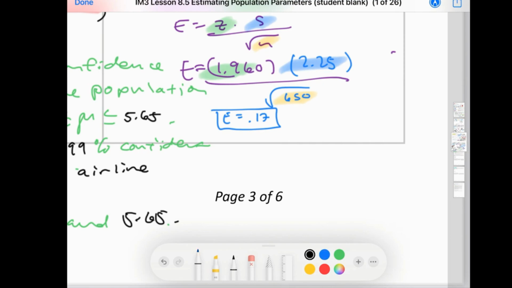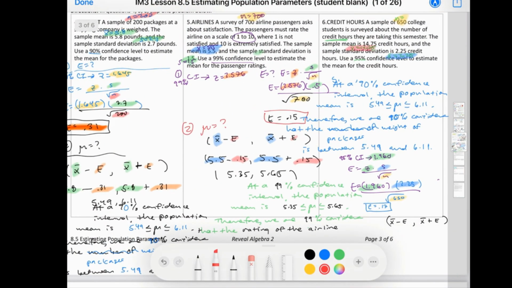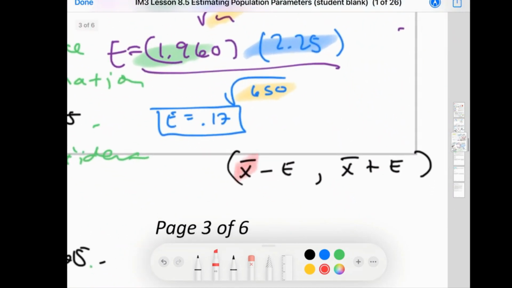And then I need to calculate a range in which the population mean would be. So x bar minus E, x bar plus E. And our x bar is 14.75.